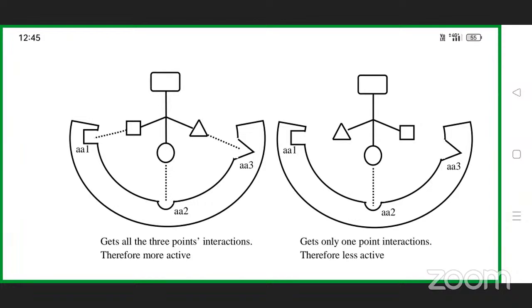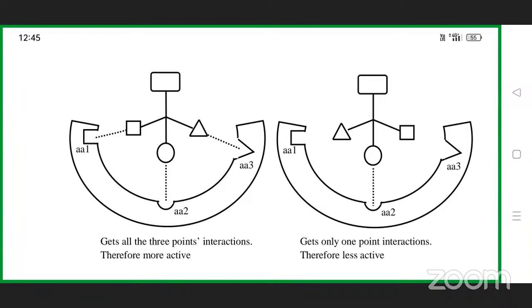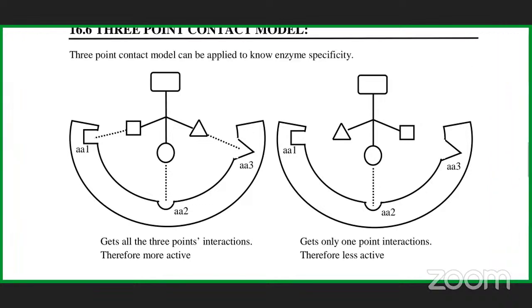In the other case, you can see the same receptor active site. There is no change in the receptor and the receptor active site, so the same kind of contact points are there: amino acid 1, amino acid 2, amino acid 3. And the stereochemistry of your ligand or drug is changing here.